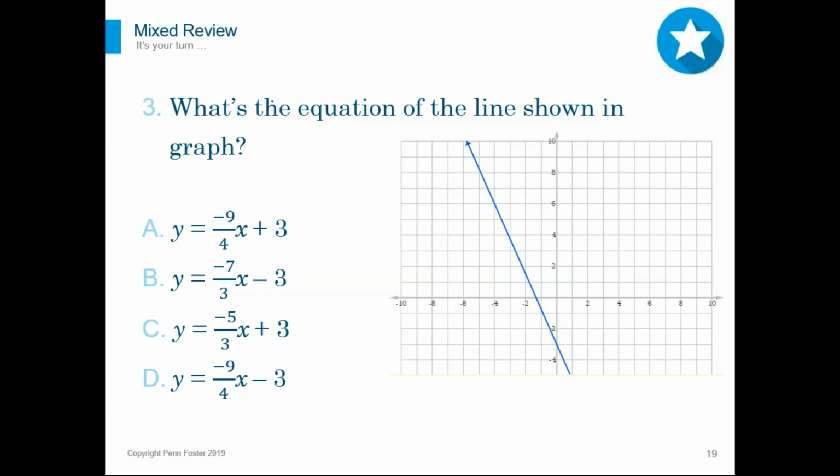If the equation for a straight line is y equals mx plus b, which we know is the slope-intercept form, and we have all of these answers in slope-intercept form, then we need to check where the line intersects the y-axis, and that can eliminate two answers.